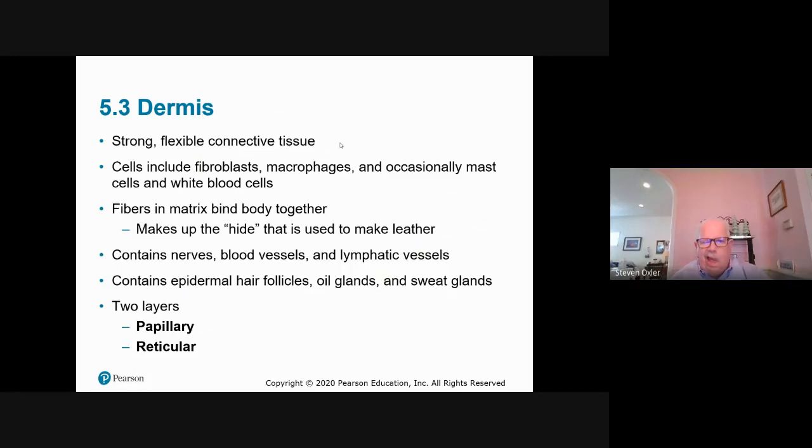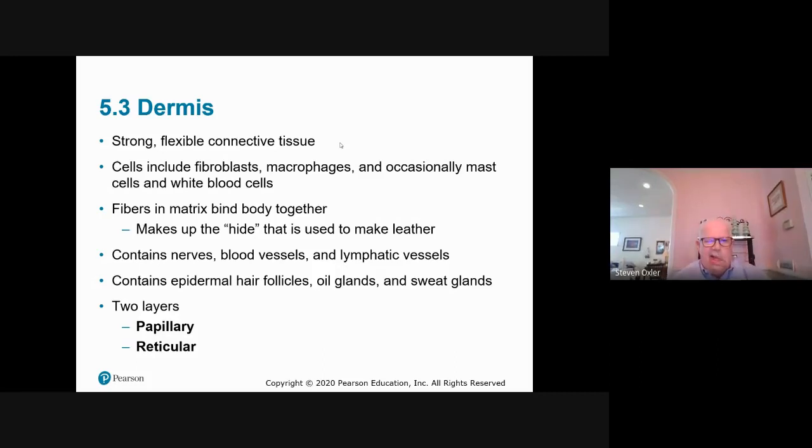This is the part of the skin that has nerve supply. This is the part of the skin that has lymphatic vessels for getting rid of debris and putting it into the lymphatic system. It also contains hair, oil glands, and sweat glands.